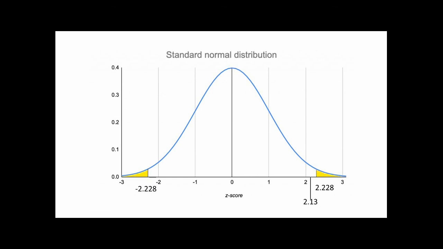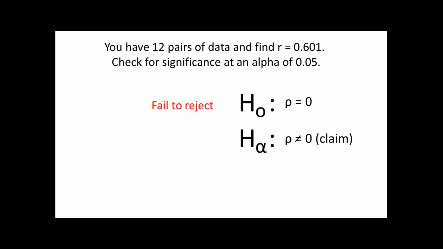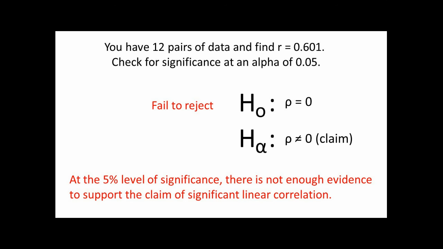This does not fall in our rejection areas, so we cannot reject H naught. Our claim was H alpha. So, in this example, we would say that at the 5% level of significance, there is not enough evidence to support our claim that there is a significant linear correlation between the two variables.